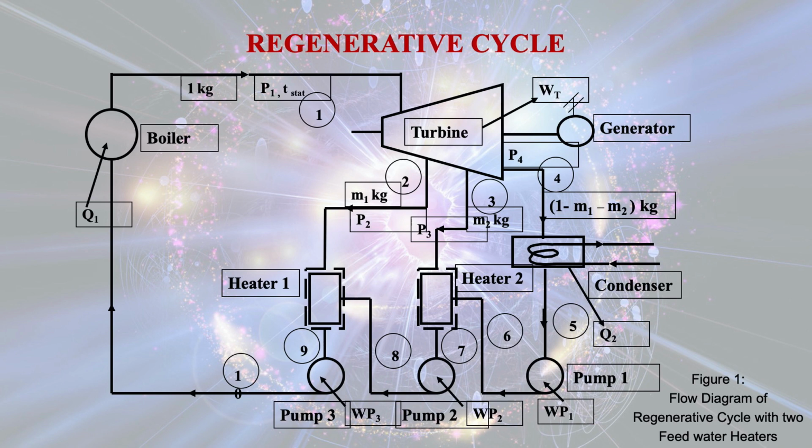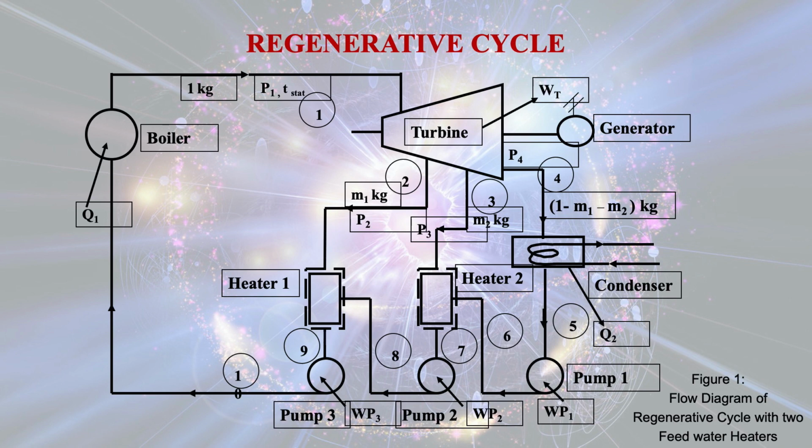Now the remaining 1 minus M1 kg of steam is further expanding in the turbine, but at pressure P3 again M2 kg of steam is extracted and enters into heater 2 for transferring of heat to the feed water.